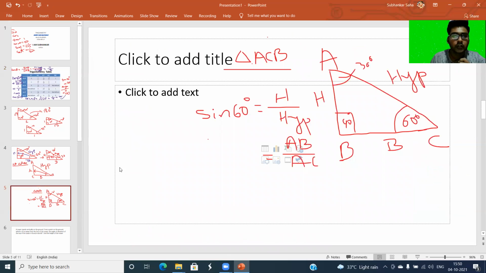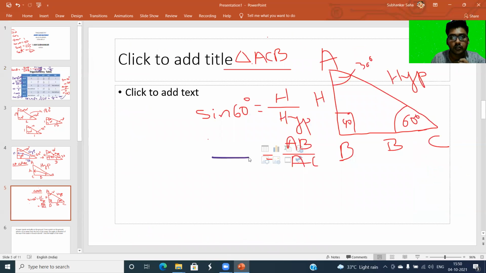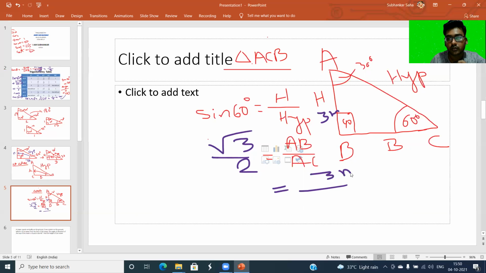Okay, so what is the value of sin 60? Root 3 by 2. Okay, sin 60 is equal to root 3 by 2. In height and distance questions, if AB's value is given, let the AB value be 3 meter, and find AC.